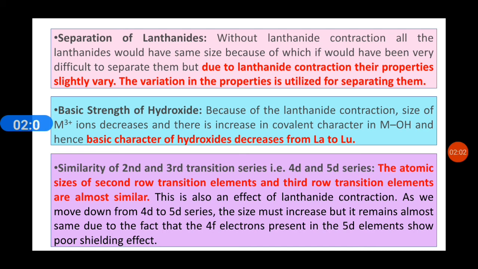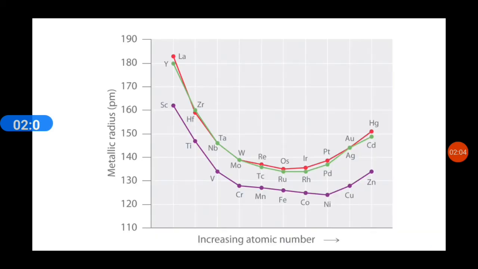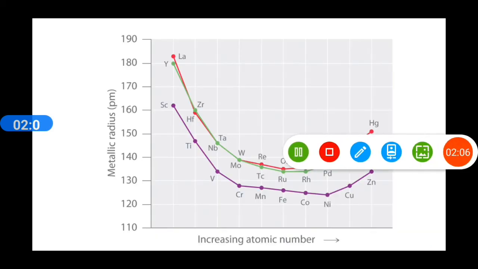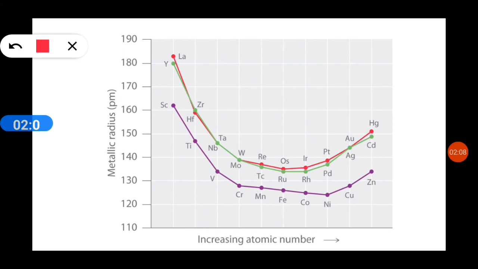This can be explained by the graph here. As you can see, the three series are shown here. This is 3d series, scandium, titanium onwards. Then 4d series is from yttrium onwards, and 5d series is from lanthanum.